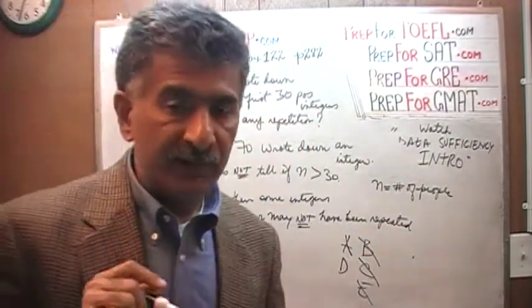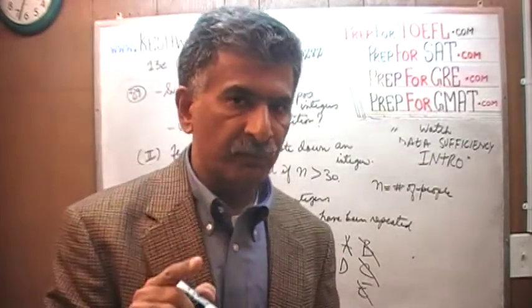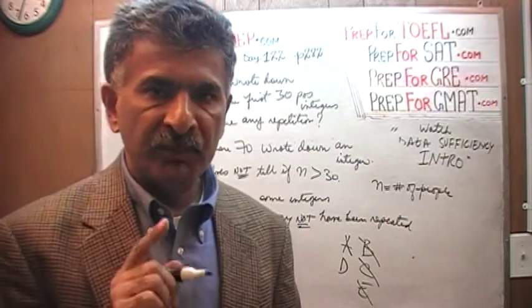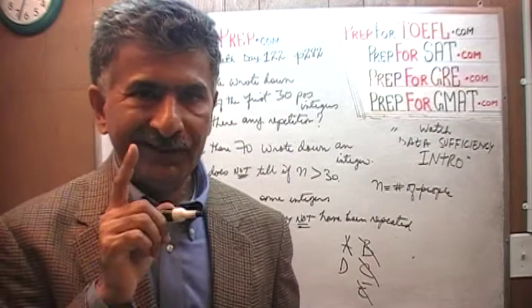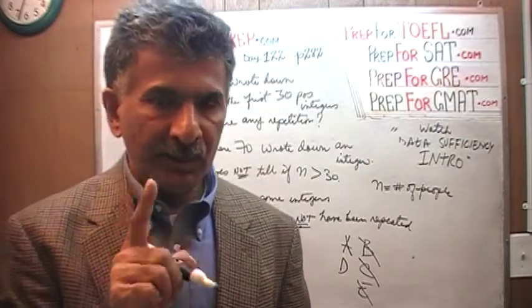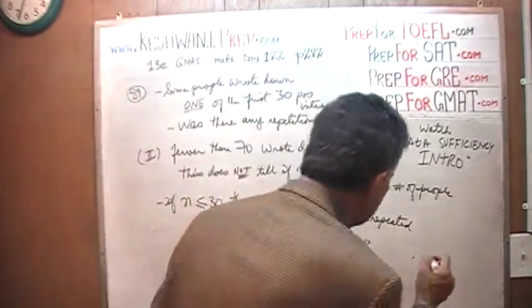If there are fewer than 30 people, let's say there are 27 people writing individual integers from 1 through 30, then it is quite possible that all of those people wrote a distinct, unique integer. If we had exactly 30 people, and they are all writing one integer 1 through 30 of their own volition, oh, there you go.